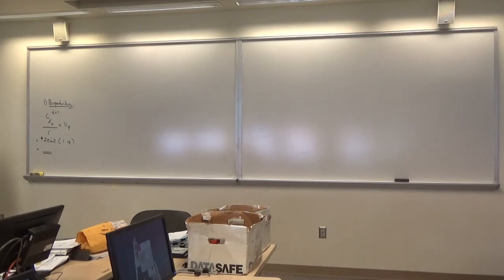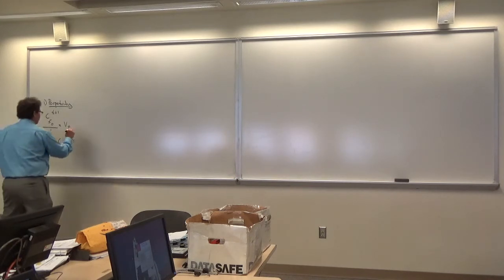Everybody's gotta break out the calculator or your spreadsheet and do the calculations, because I need you to practice how to do this stuff. 28 million, thank you. Got it, awesome. So we got the first piece.